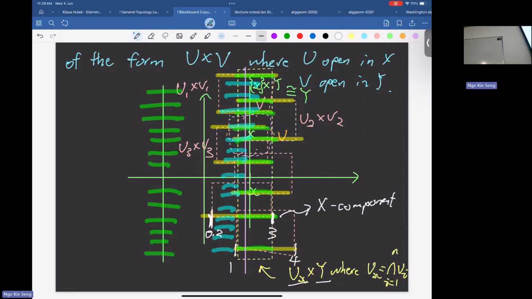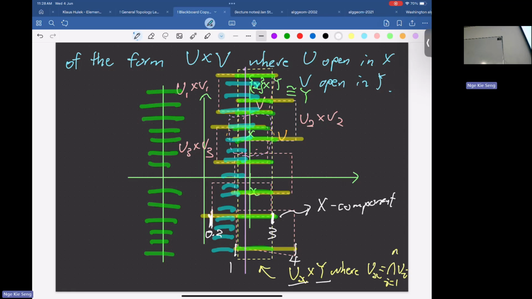We use this tube method. Here we look at all the ux. For every line we do this intersection, do this intersection. And then these ux will cover the whole x. But x is compact, so you just need finitely many of ux.